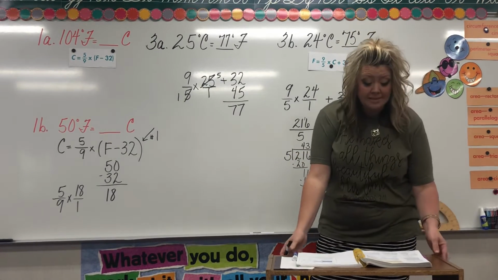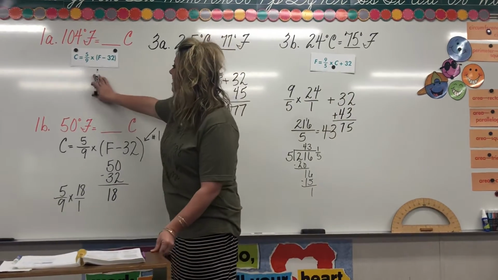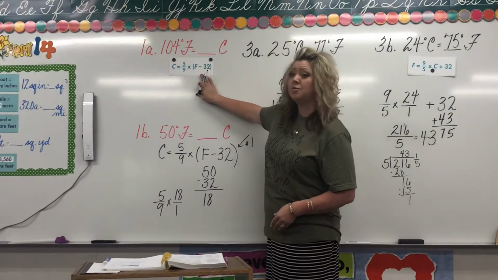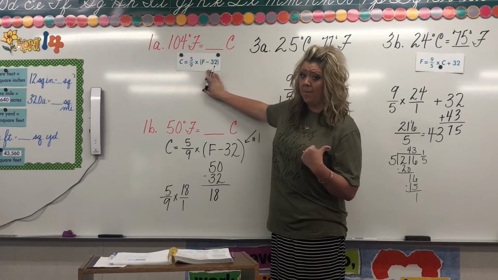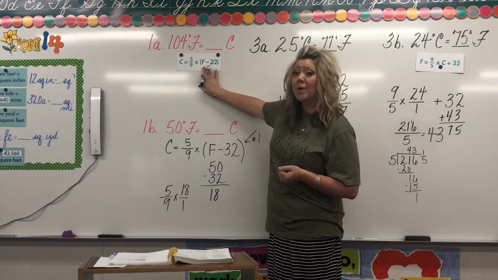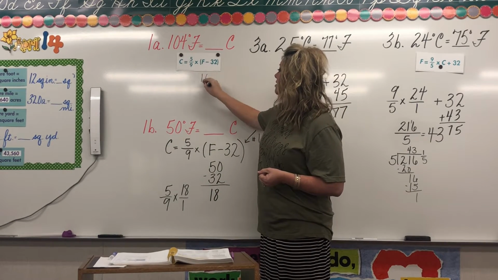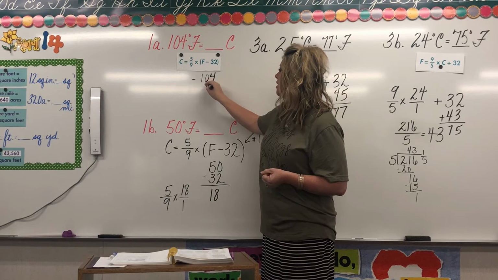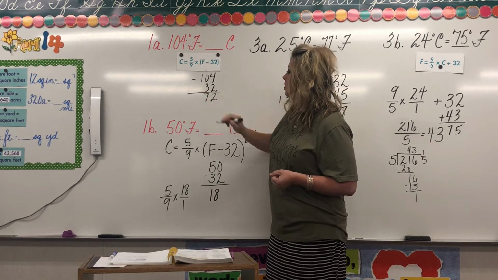Now, the new concept is letter 1A, new formula, C equals 5/9 times parentheses F minus 32. Now, when you think back to order of operations, remember you work parentheses before you multiply. So that means I have to subtract 32 from 104 before I can then multiply.